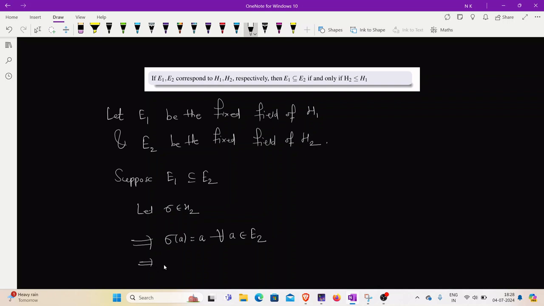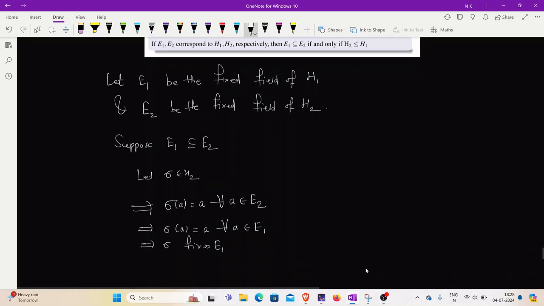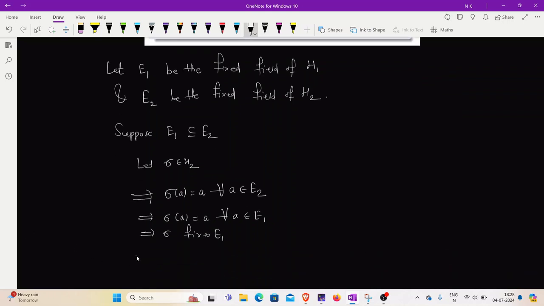So this implies sigma(a) = a for all a belonging to E1, so sigma fixes E1. And as sigma fixes E1, clearly sigma belongs to H1. So I considered an element from H2 and have shown that the element is in H1, so this implies H2 is a subset of H1.